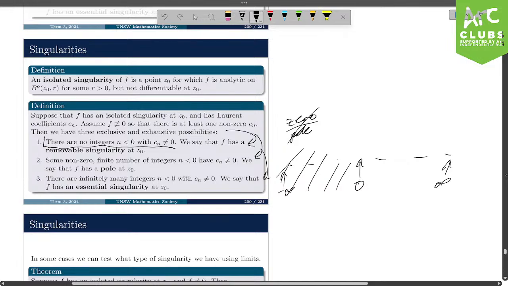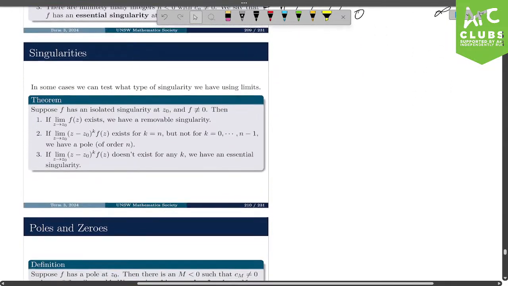But basically it's saying that all of them this way are going to be 0. That means that it is a removable singularity. Otherwise, if there is some fixed number of them up to a certain point, then it is a pole of that degree. But if it has infinitely many, it is an essential singularity. That's just how we define them.